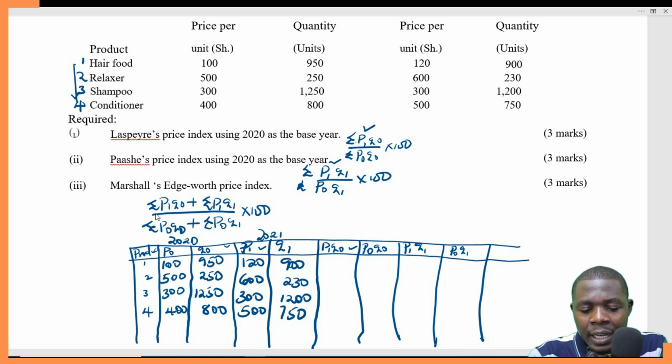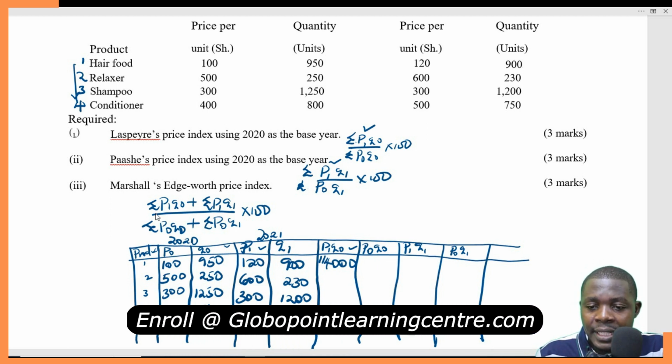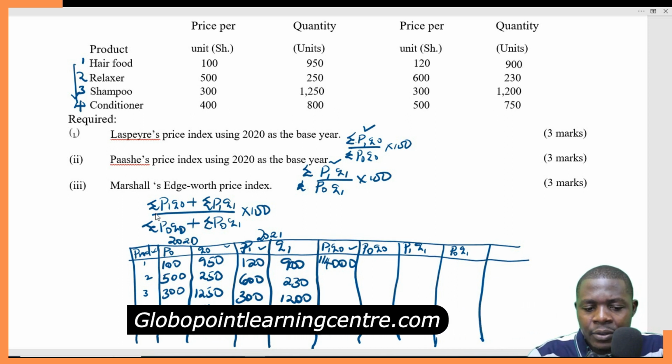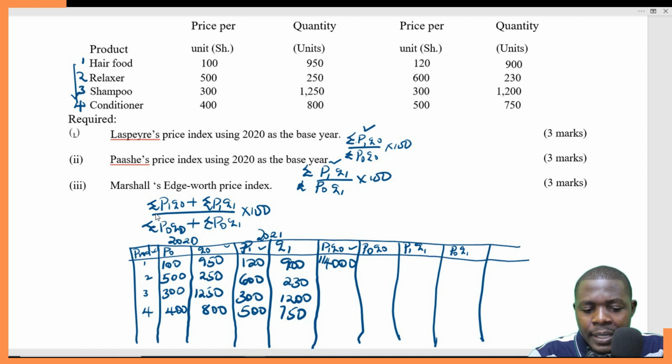For example, 950 multiplied by 120, you get 114,000. Then 250 multiplied by 600, it becomes 150,000. Then 1250 multiplied by 300, we get 375,000.